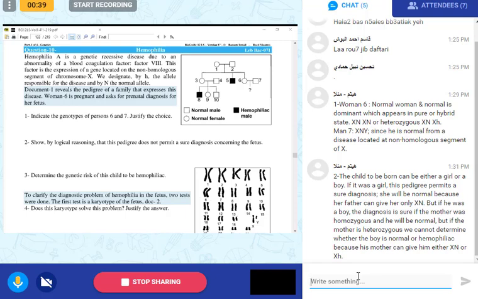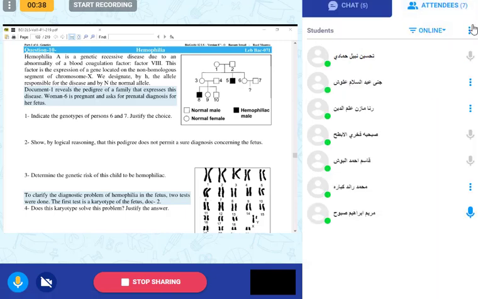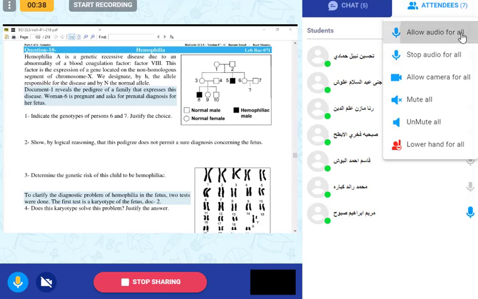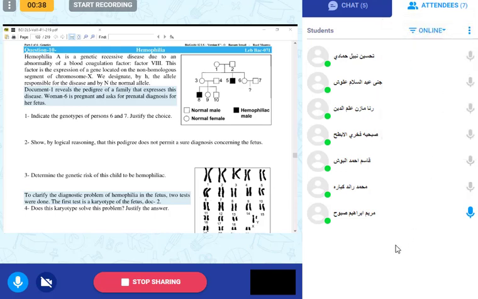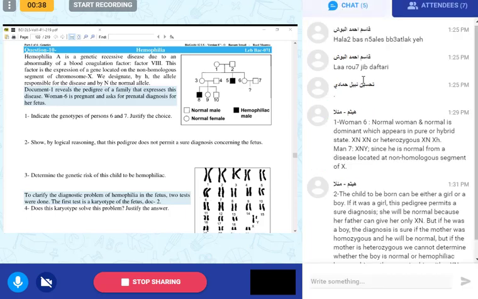But if it was a boy, the diagnosis is sure if the mother was homozygous. He will be normal. But if the mother is heterozygous, we cannot determine whether the boy is normal or hemophilic, because his mother can give him either XN or XH. Logically, that's it. So I cannot depend on this.